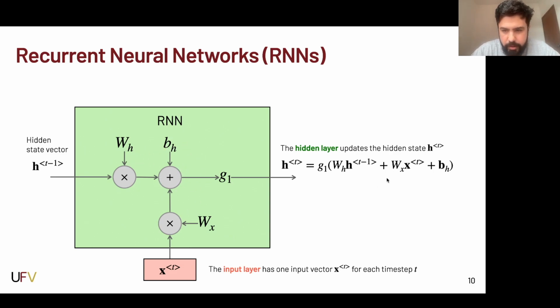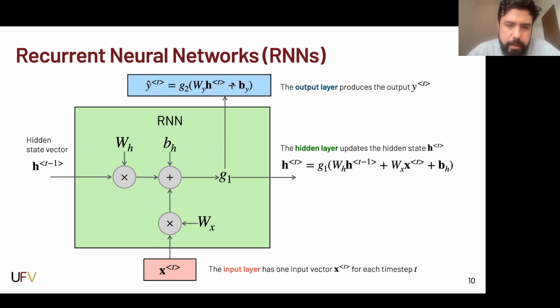So this summation represents these two sums, and applying the nonlinearity, I get h of t. And this is the hidden layer. The goal of the hidden layer is to update the hidden state, h t. And the output layer is given by this Wy matrix that is multiplied by h t, producing a prediction.